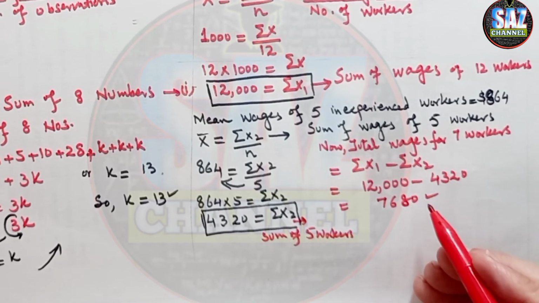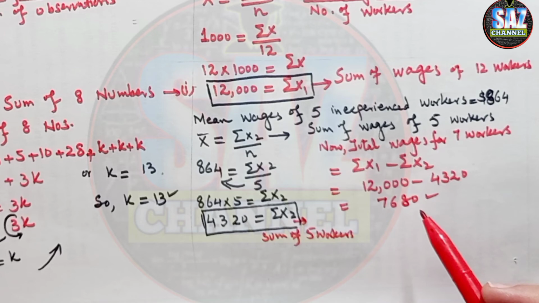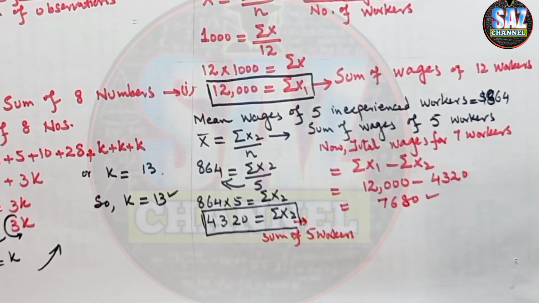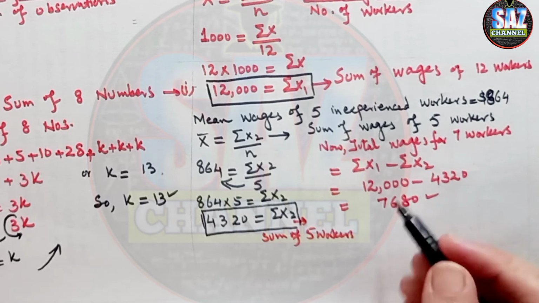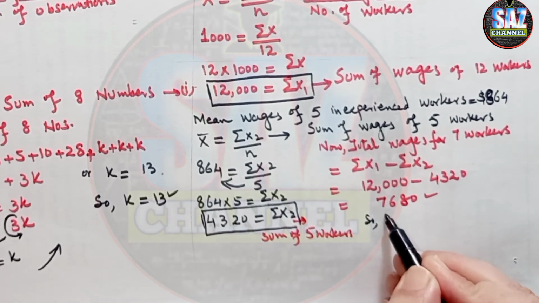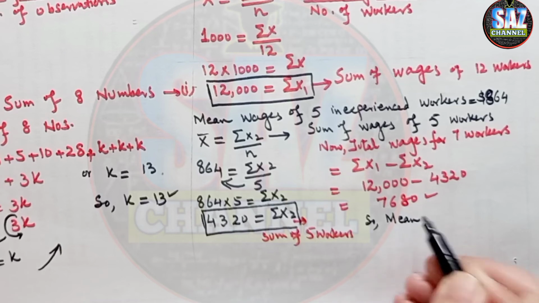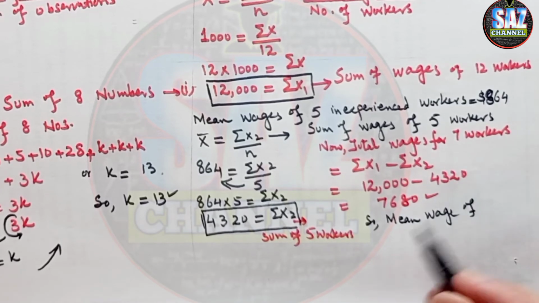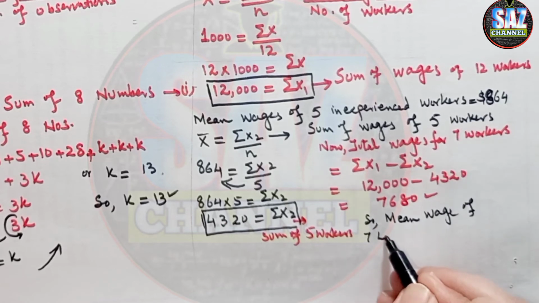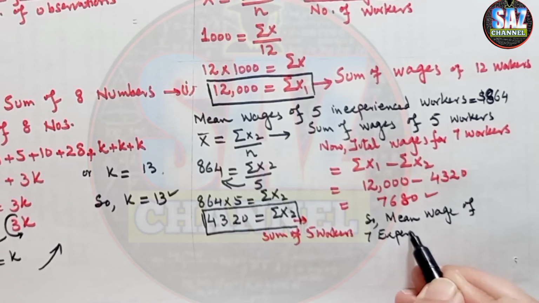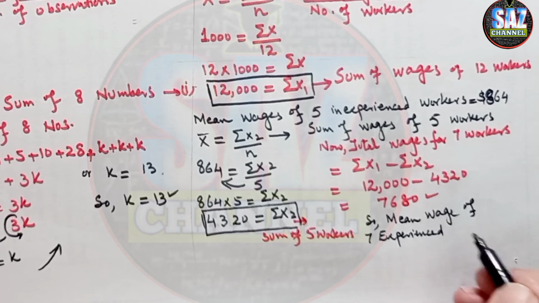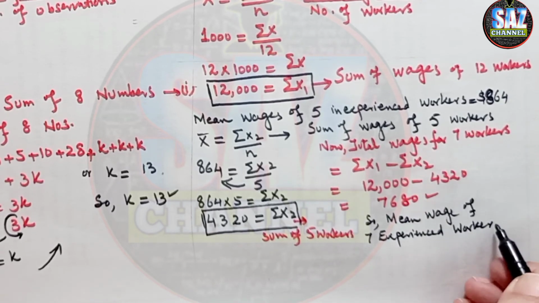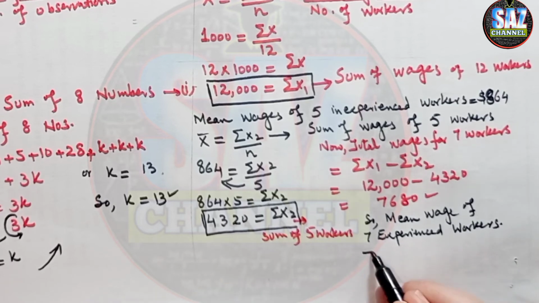Okay, now we have to find the mean wages. So mean wage of 7 experienced workers will be equal to what?